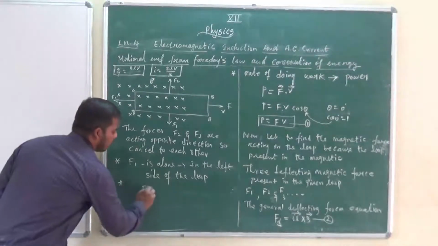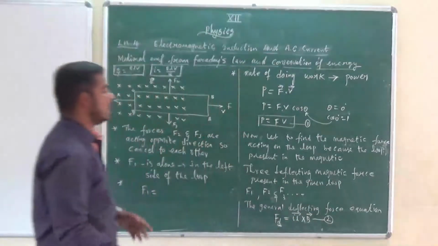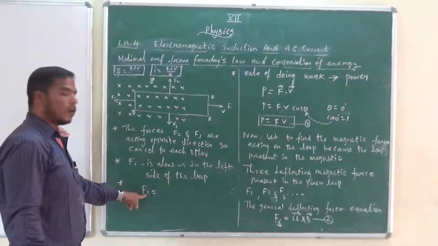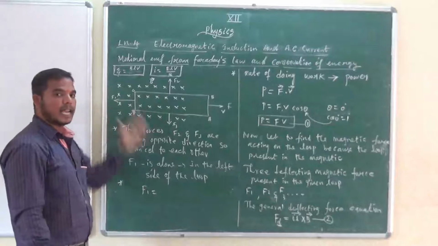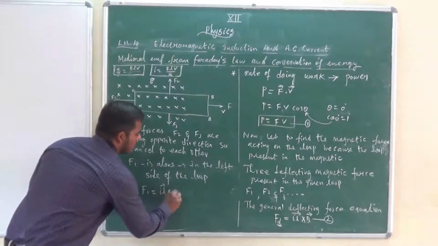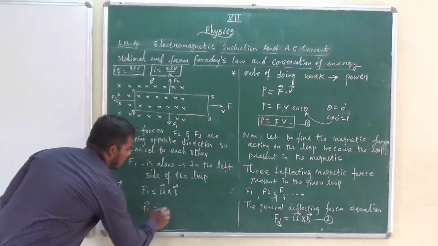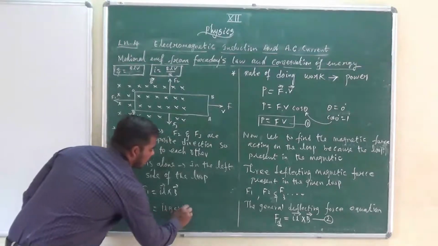Now to find the deflecting force F1, we use the general equation of deflecting force, equation number 2. Only F1 is present, since F2 and F3 cancel each other. So F1 equals I L vector cross B vector. In other form, F1 equals I L B sin theta.